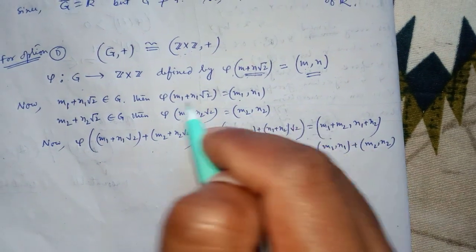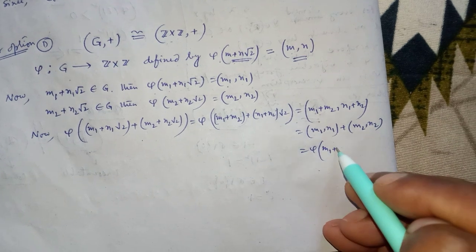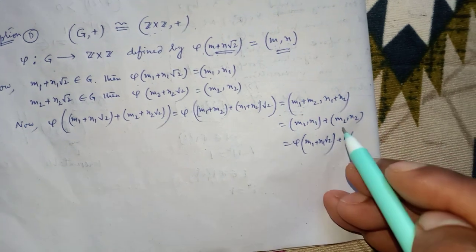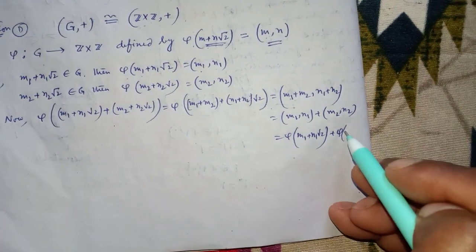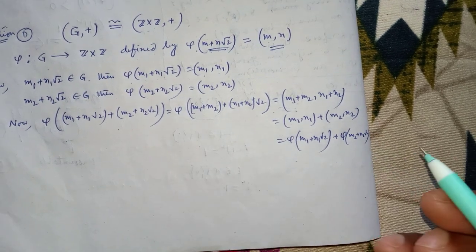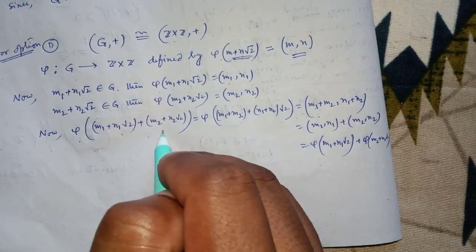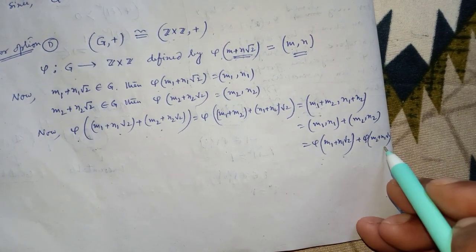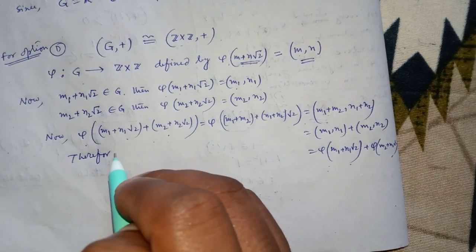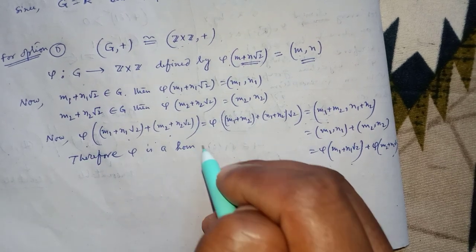That means it is phi of m1 plus n1 root 2 plus phi of m2 plus n2 root 2. Therefore phi of a plus b is equal to phi of a plus phi of b. Therefore phi is a homomorphism.